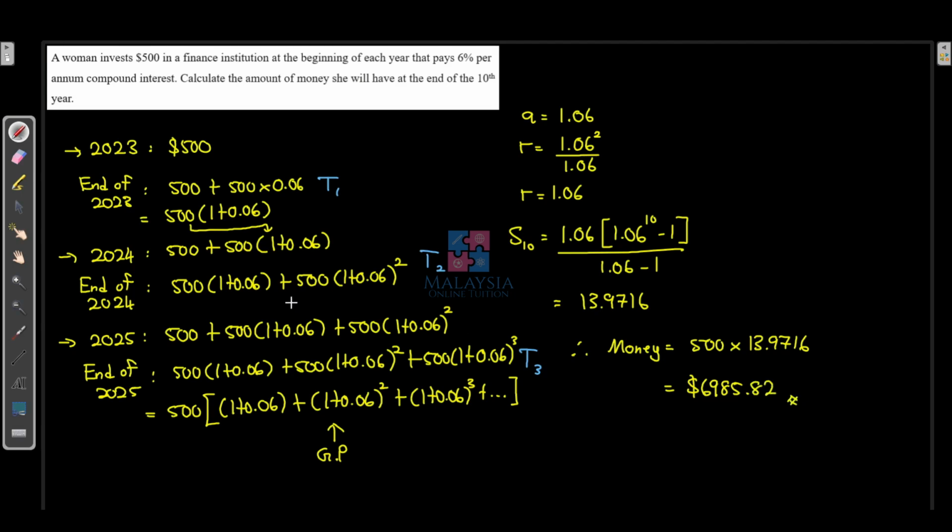So this is how you approach a question where someone puts an amount of money at the beginning of each year while being paid a certain amount of interest, not dividend, interest per annum. Compound interest. So that's all for question number 2.